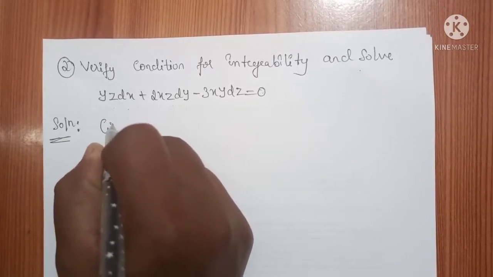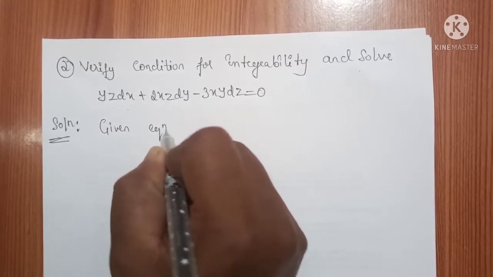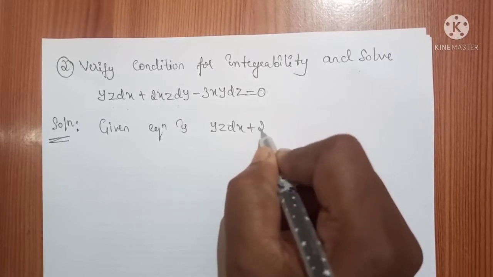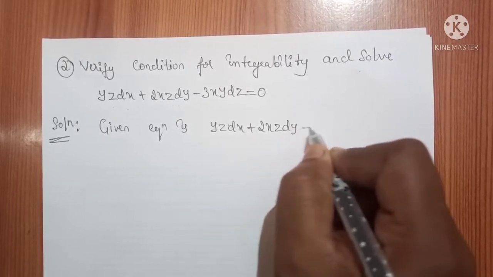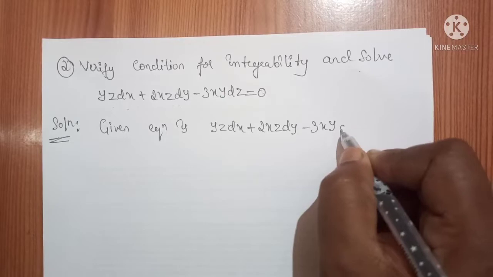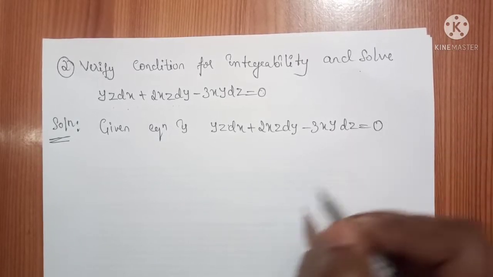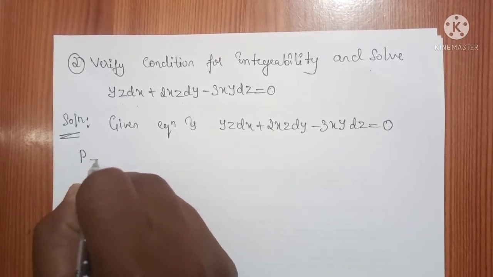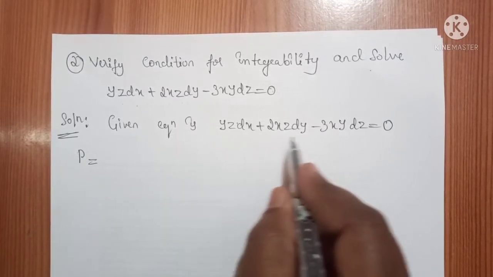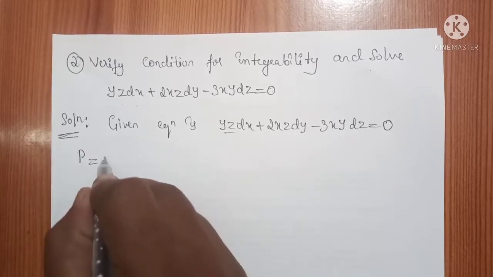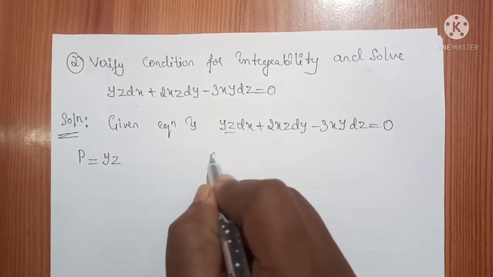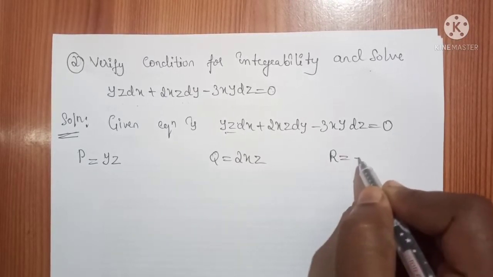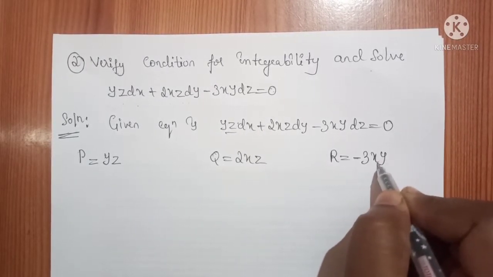The given equation is yz dx plus 2xz dy minus 3xy dz equals to 0. Comparing with the standard TDE, we get P value is equal to yz, Q value is equal to 2xz, and R value is equal to minus 3xy.